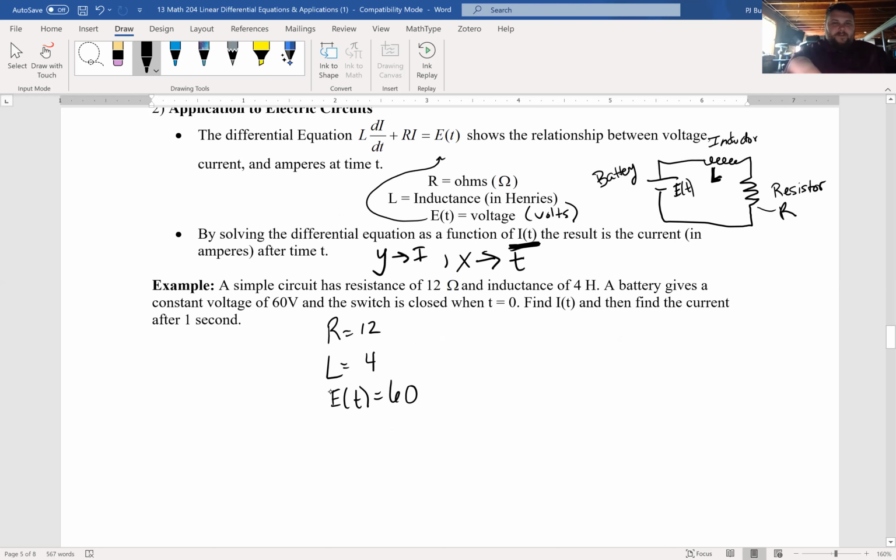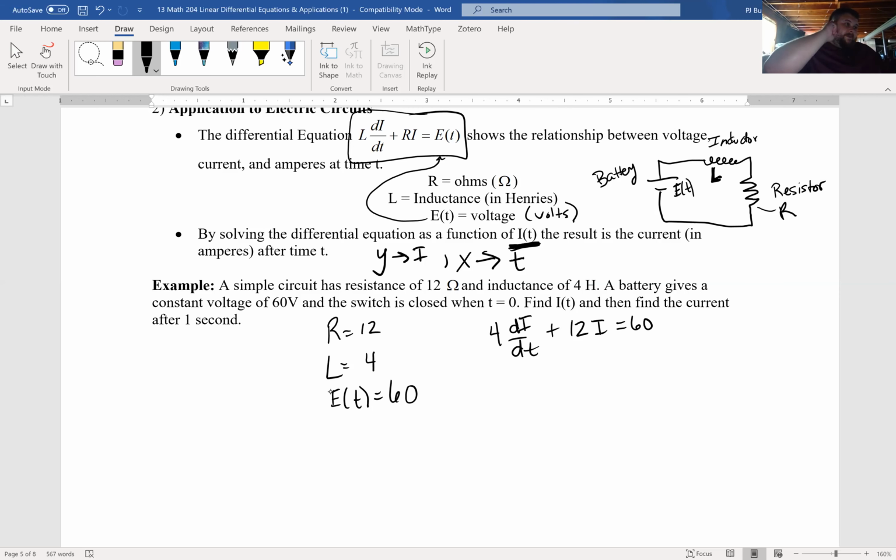Well, we're just going to use the equation given to us here. We're not asked to start with the circuit and build this equation. We're given the equation, and we just need to plug in L, R, and E. So this is going to be 4 di dt plus 12I equals 60, just by substituting.